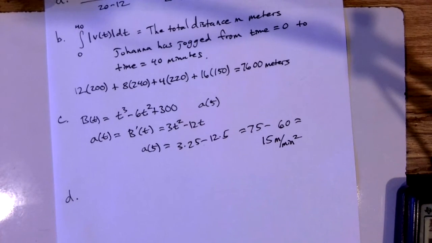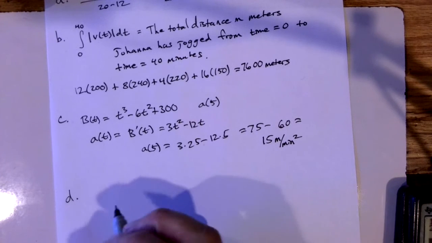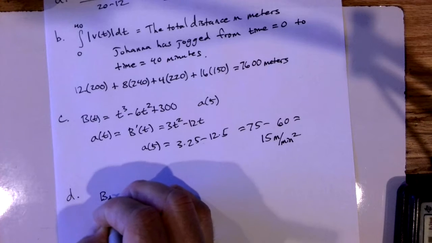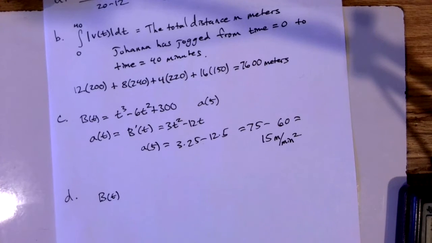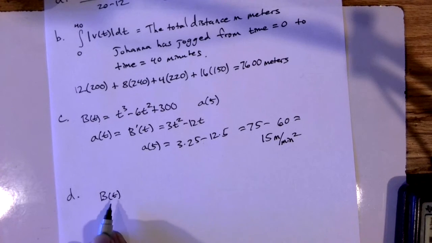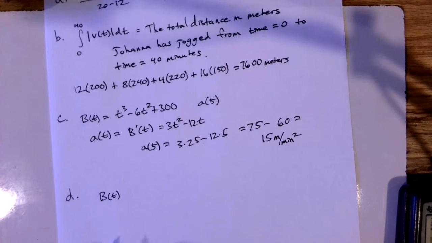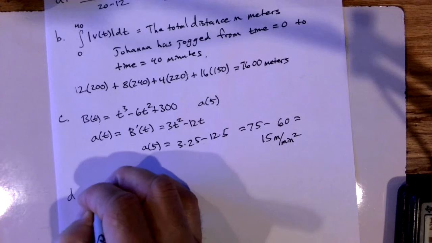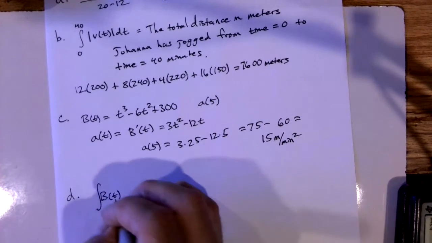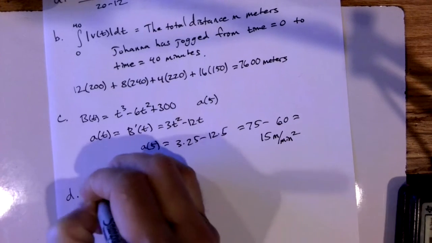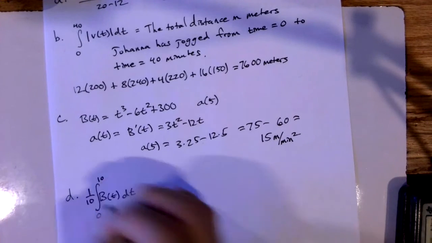And part D says, based on the model B from part C, find Bob's average velocity. So B of t is in fact his velocity function. We're going to find the average value of the function. The way we find average value of the function is we do the integral, 0 to 10, and then we multiply by 1/10.